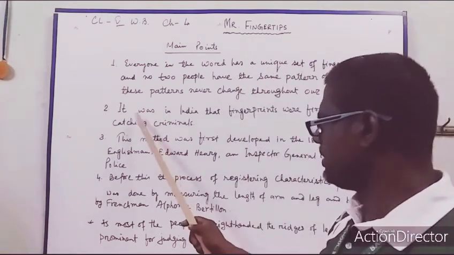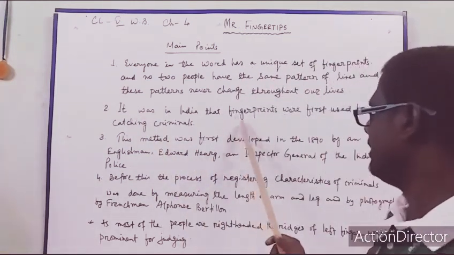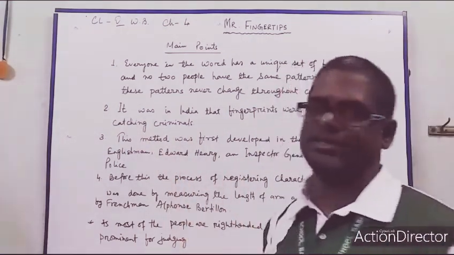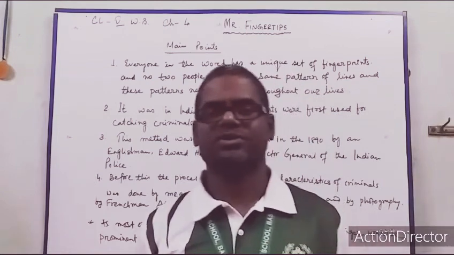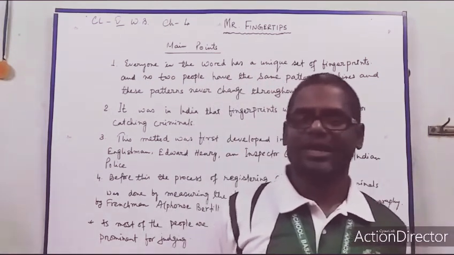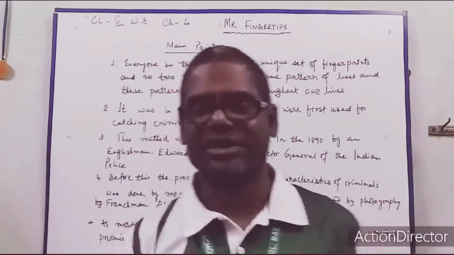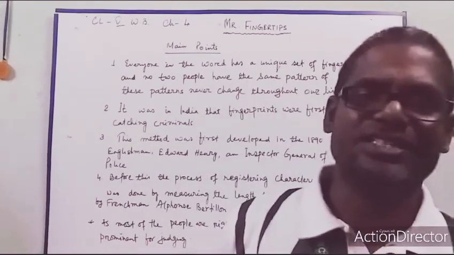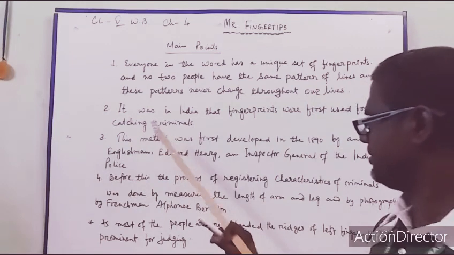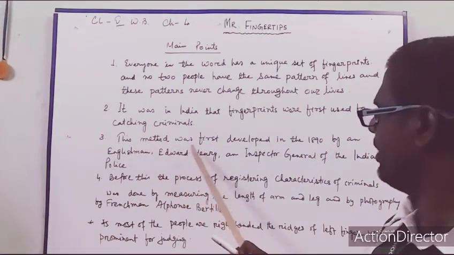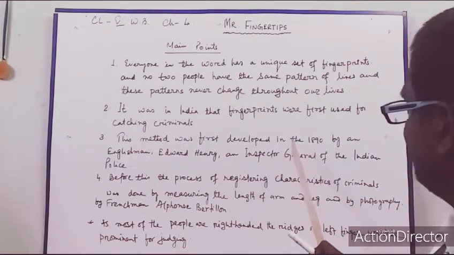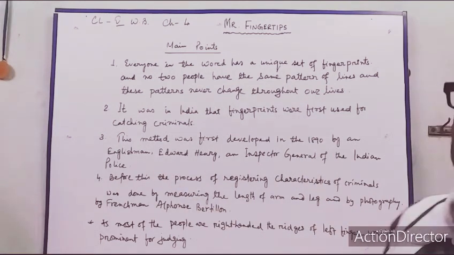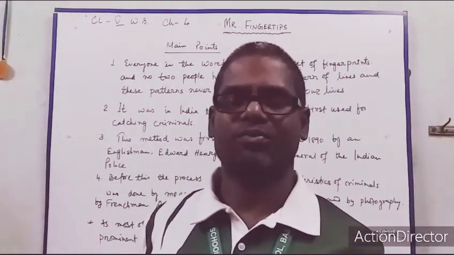Next, it was in India that fingerprints were first used for catching criminals. So this process was used to catch criminals first in India, and that is an interesting fact. Next, this method was first developed in the 1890s by an Englishman. Who discovered this process?